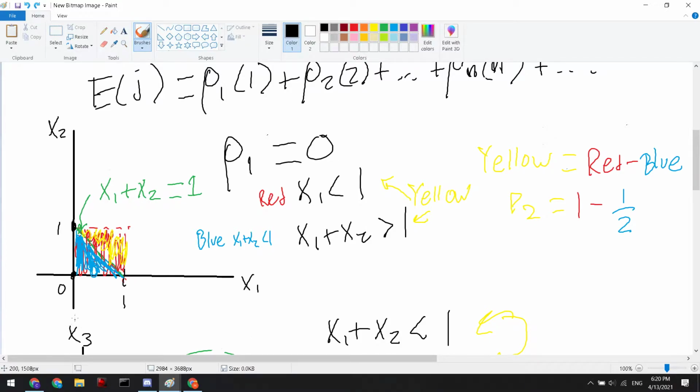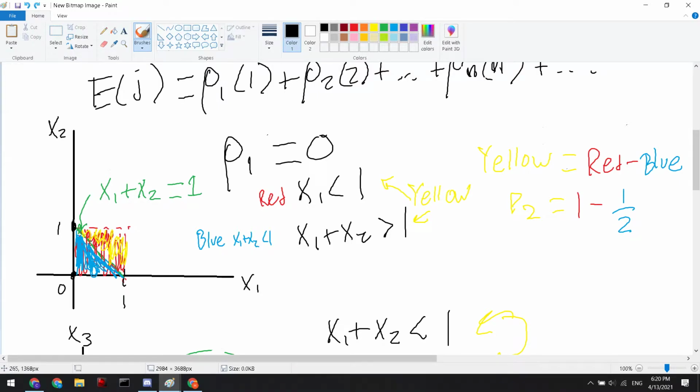Now, the green is when x1 plus x2 is equal to 1. And so the red, being the unit square, encompasses everything. So in order to find when x1 plus x2 is greater than 1, we take outside the green into the yellow, but inside the red. And that leaves us with this yellow area.